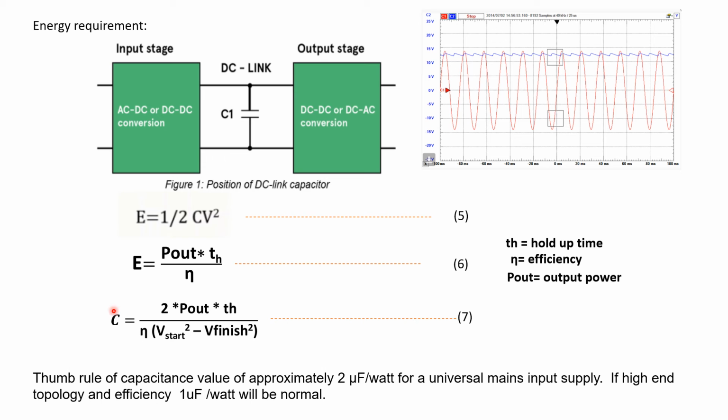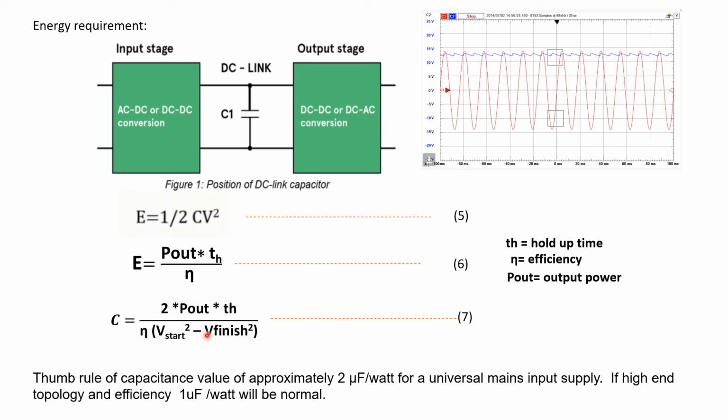To calculate that, I am taking equation number 5 and making it C subject. So C is equal to 2 into P out into hold up time divided by efficiency into V start squared minus V finish squared. If you zoom into this graph, V start is when charging has finished and discharging starts, and V finish is where the discharge ends.